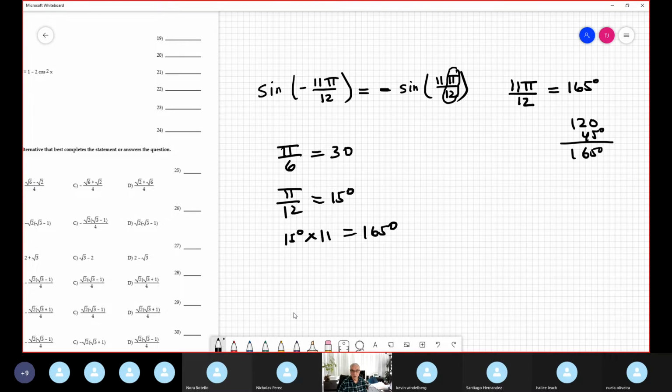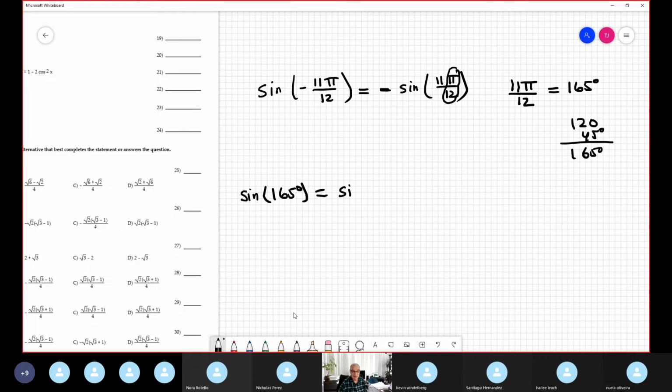I want to find the exact value of the sine of 165. We can interpret it as sine of 120 plus 45.